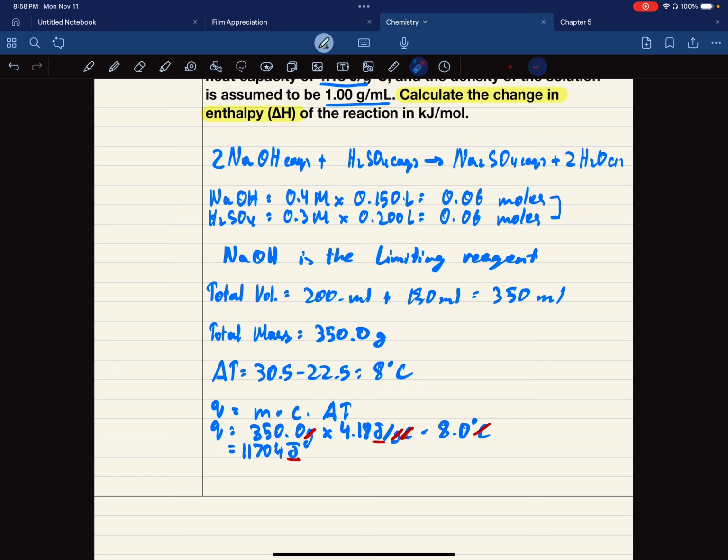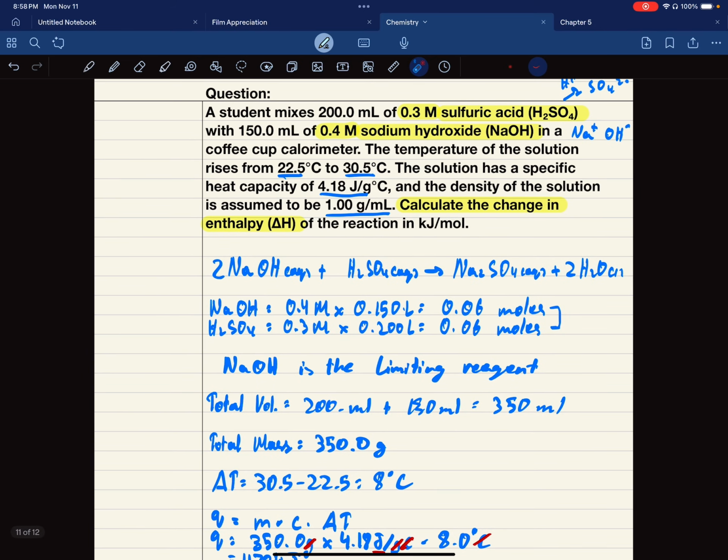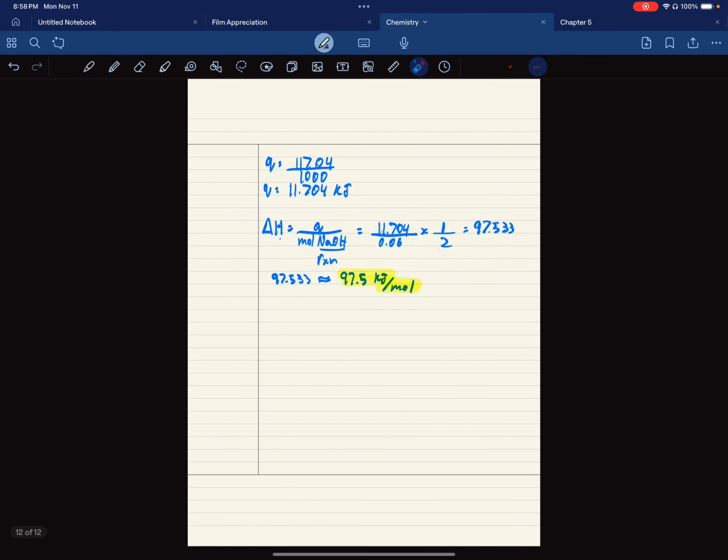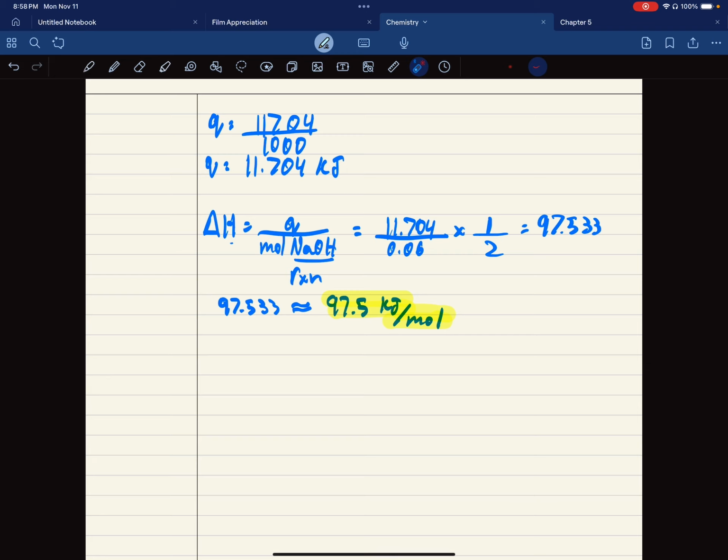Then we used mass multiplied by specific heat capacity multiplied by delta T. We solved that out and got our joules, then converted joules to kilojoules. After that, we took our delta H of NaOH, which is the limiting reagent, and solved that out. Then we multiplied by the mole to mole ratio because we have to find the delta H of the reaction and not of NaOH, the limiting reagent. And our answer is 97.5 kilojoules per mole. Thank you.